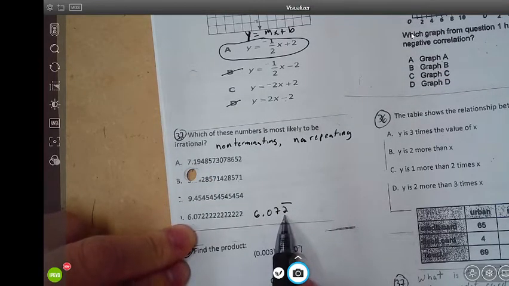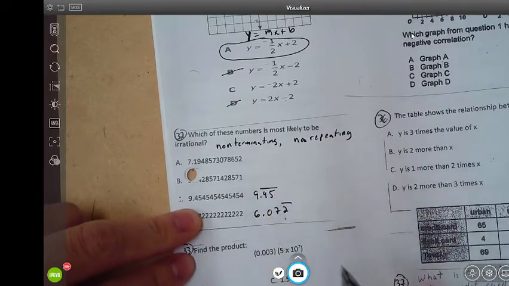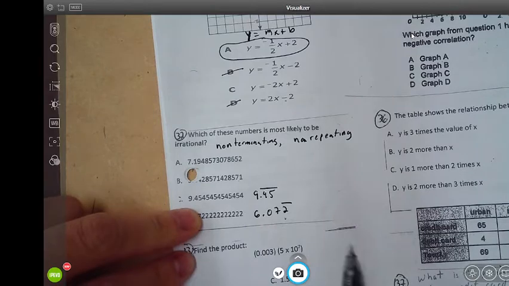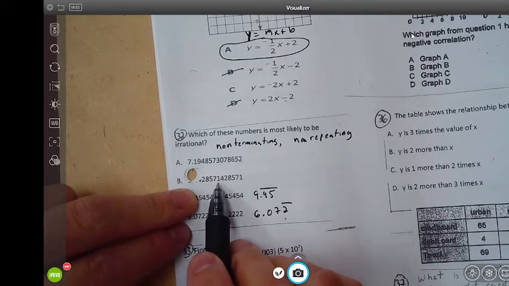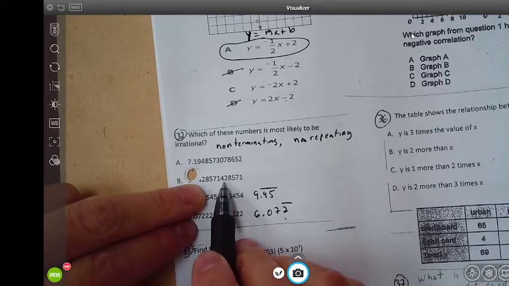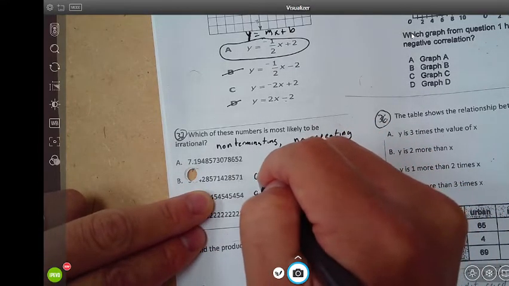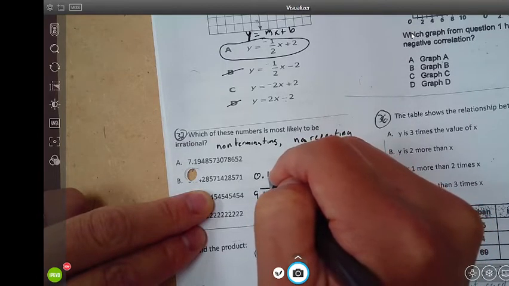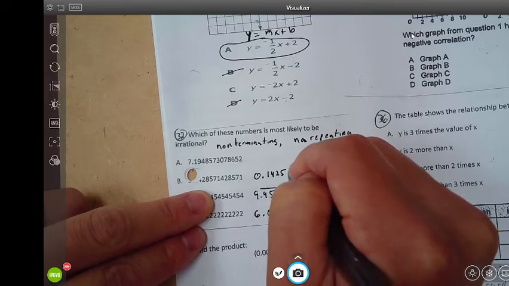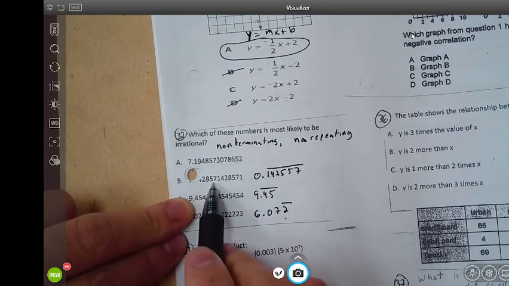This one could be written like this, 9.45. This one, it looks like it's cut off here, but I think this one was 0.142857, and that's repeating. 142857, 142857.